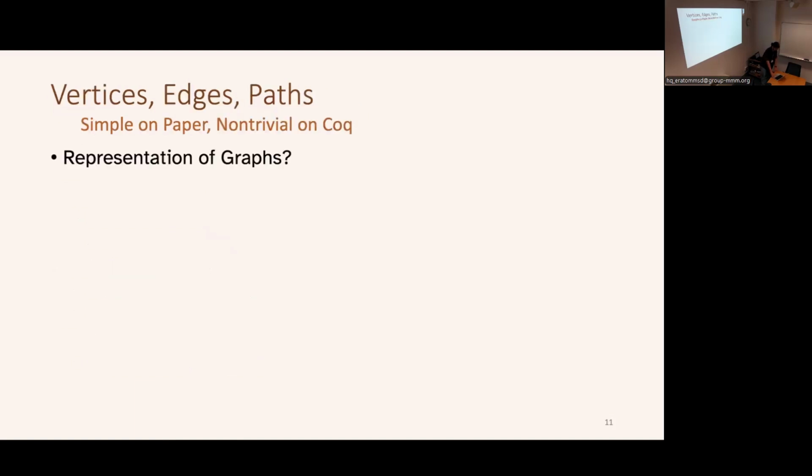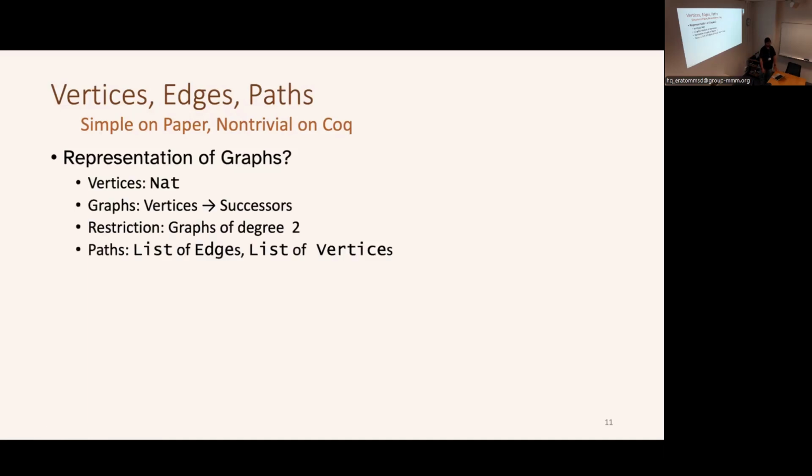So the first question is, how do we represent these graphs? And for our formalization, the avenue that we chose was to represent the vertices with natural numbers. And the graphs were functions which assigned a successor to each vertex.